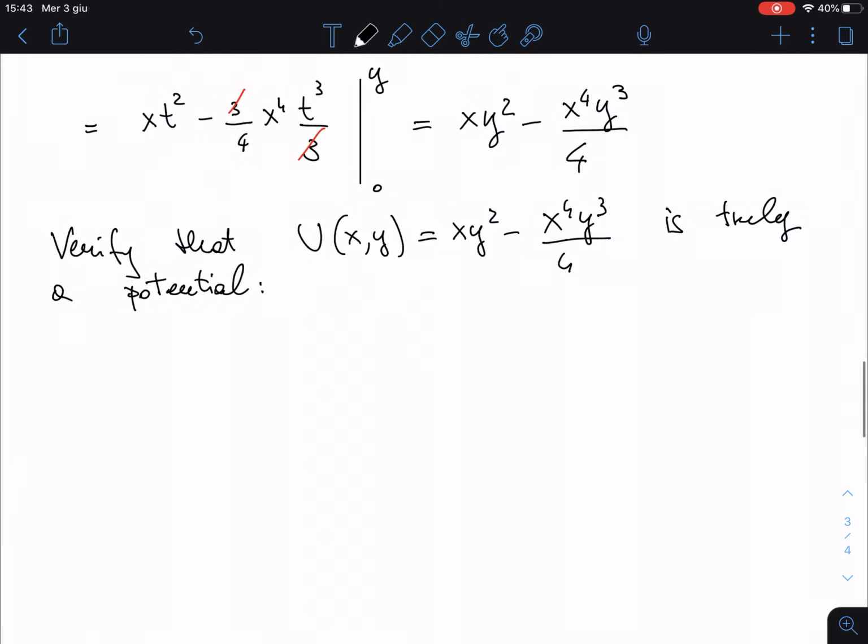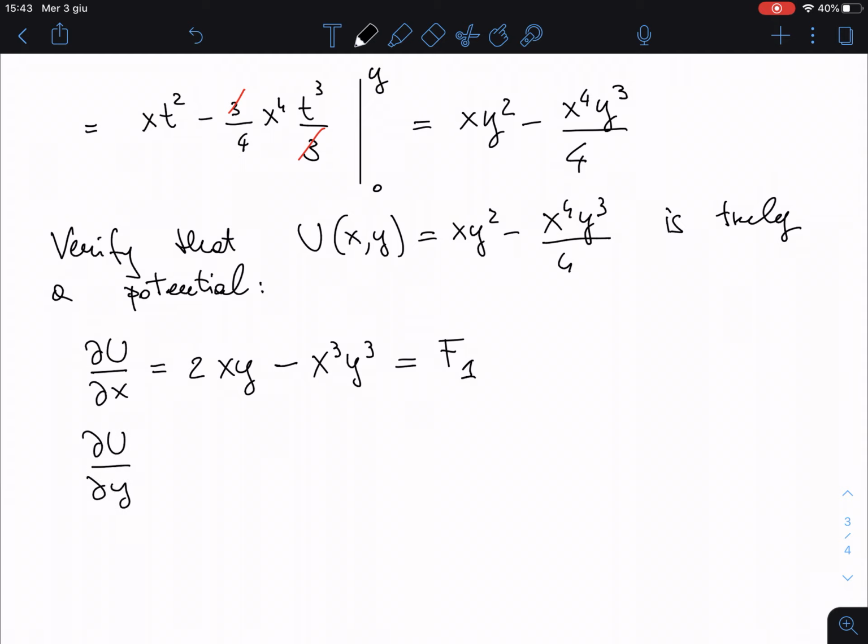So you have the following, that du/dx is equal to y squared minus x cubed y cubed, and this is exactly the first component of the field, and the second, du/dy, is, oh sorry, not 2xy, du/dx is y squared, and here we have 2xy, we have to differentiate it with respect to y, minus 3 over 4 x to the fourth y squared, which is f2.